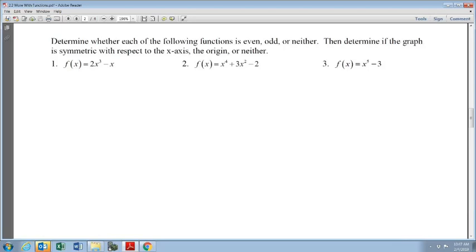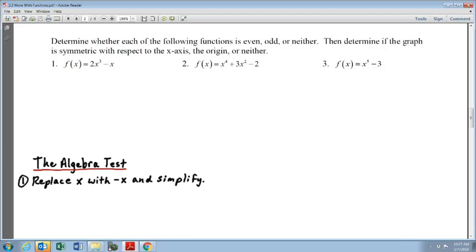In here it says, determine whether each of the following functions is even, odd, or neither. Then determine if the graph is symmetric with respect to the x-axis, the origin, or neither. So when we do these kinds of problems, we're going to use what's called the algebra test. First of all, we want to replace x with minus x and simplify.